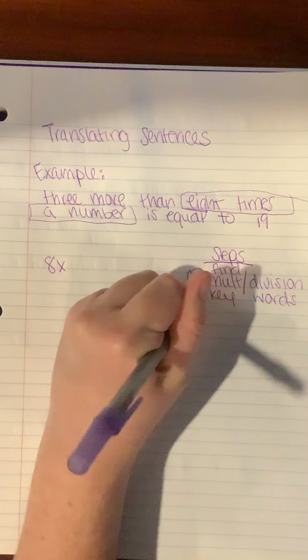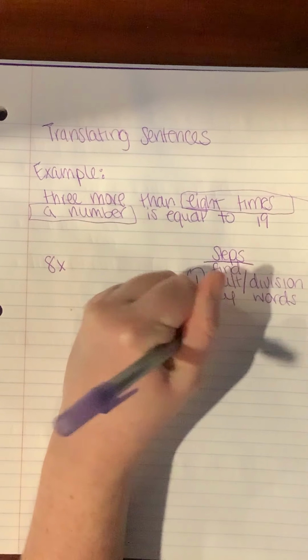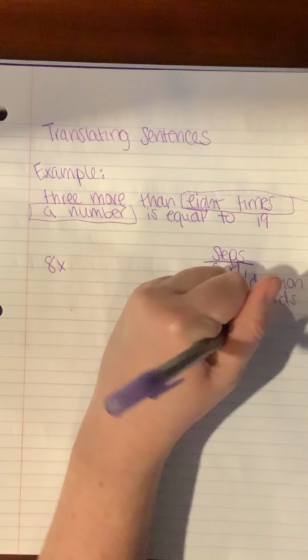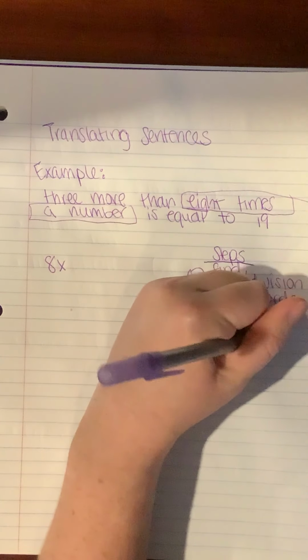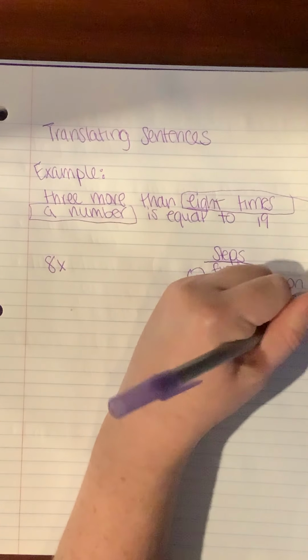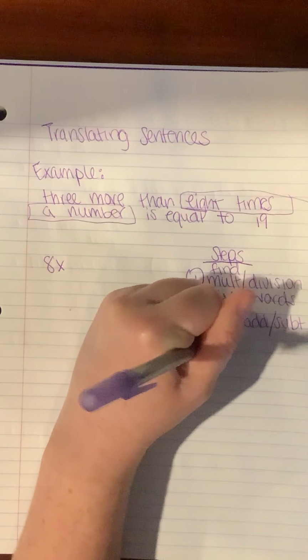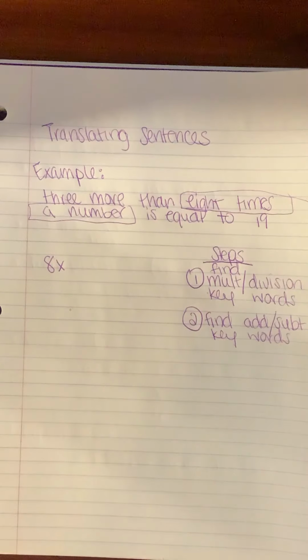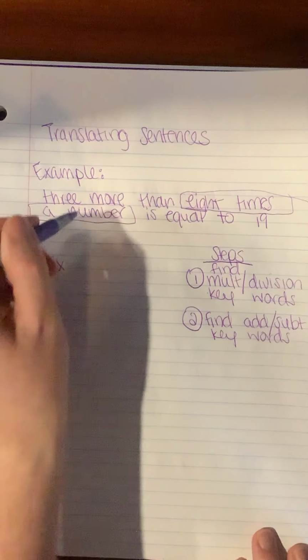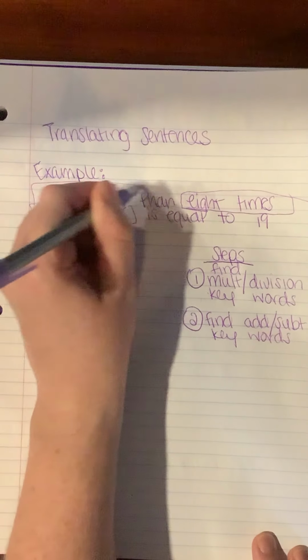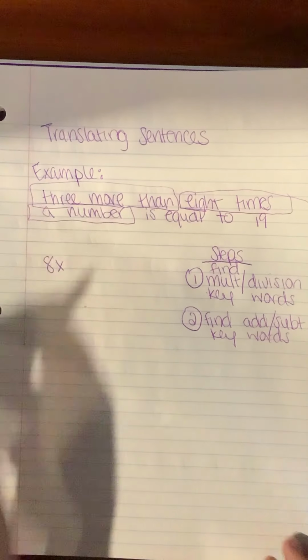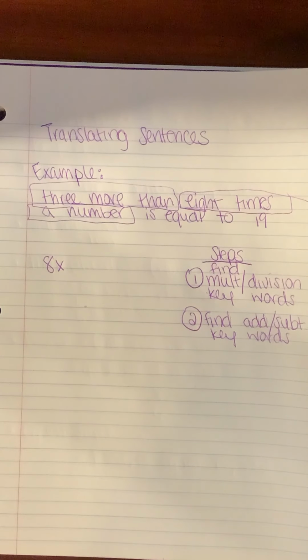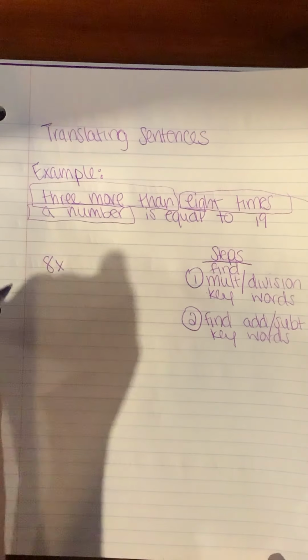Now, I'm going to find my addition or subtraction keywords. Okay, well, I see 3 more than. And I like to box it in the original problem. So going back to my keywords, I know that more means add.